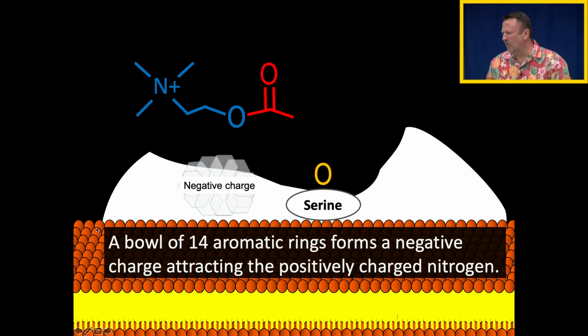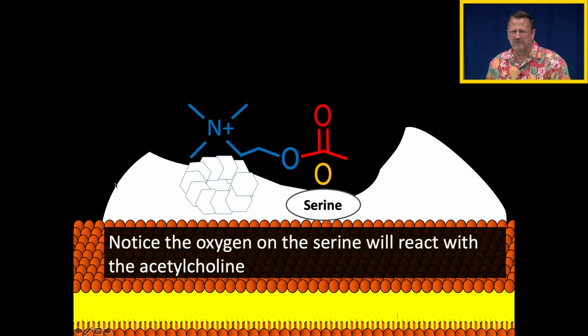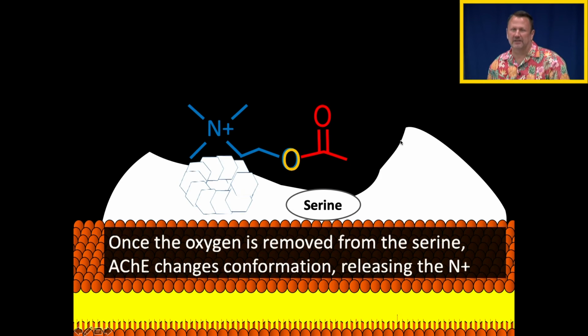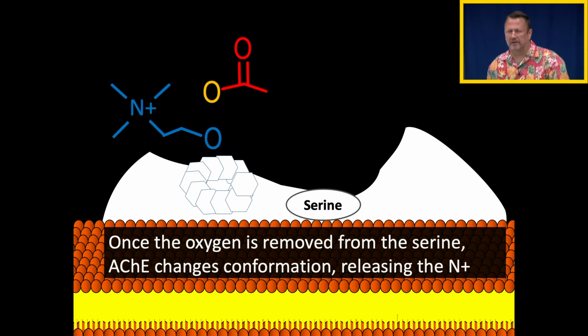And what's it going to do? It's going to attract the positive charge of the acetylcholine. So the acetylcholine is attracted to that negative charge, and it sits perfectly in place to where it lays this oxygen across the serine, and the serine can react and break apart the acetylcholine.